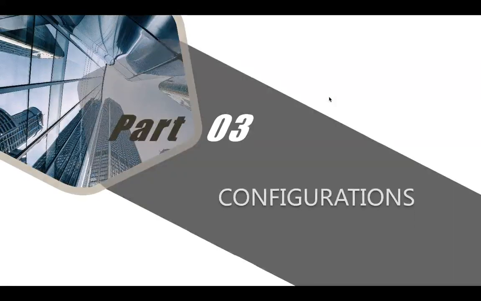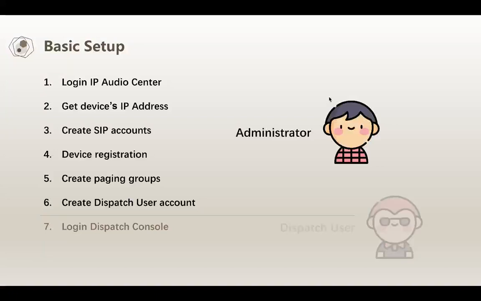All right, and for the next section, let's move on to the configuration here. So let's take a look at the basic setup. First thing first, you need to log into the IP audio center.